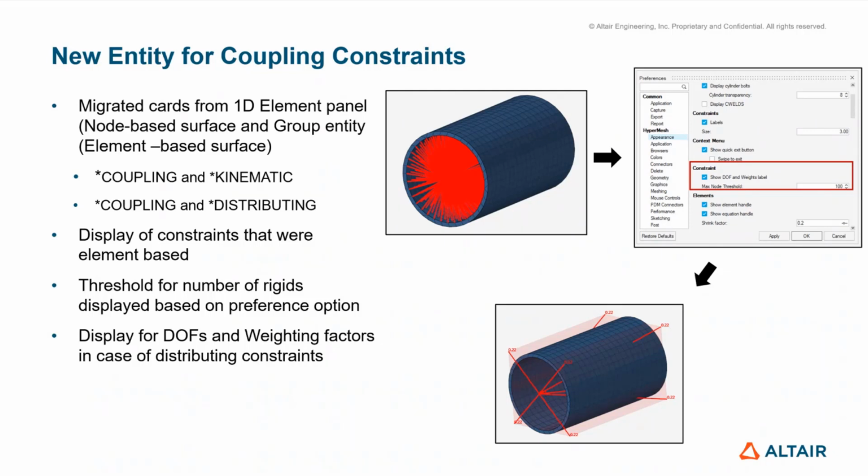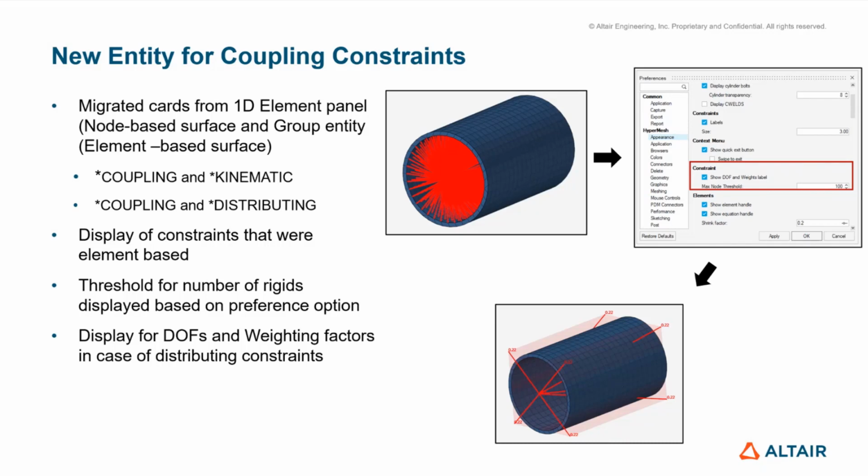And for that group entity, we did not have a display. So you would not be able to visualize these coupling constraints when we had a set segment or an element-based surface in the group entity.